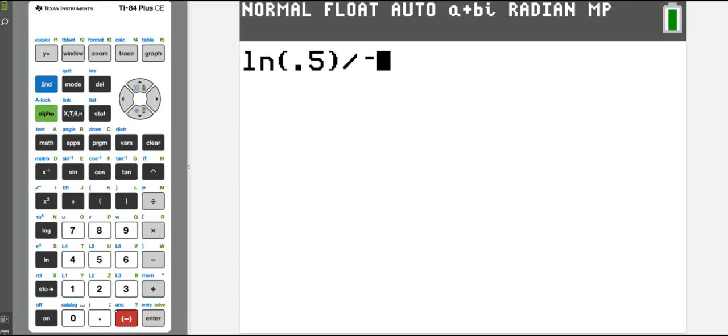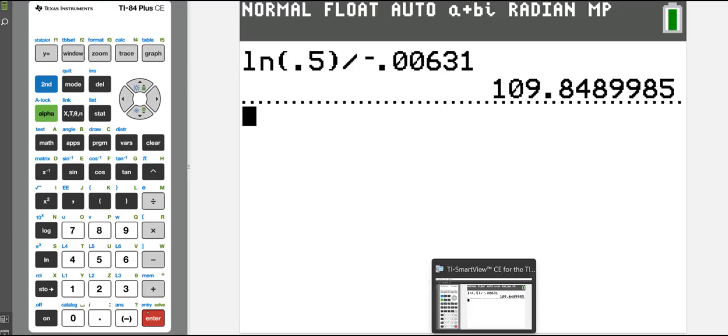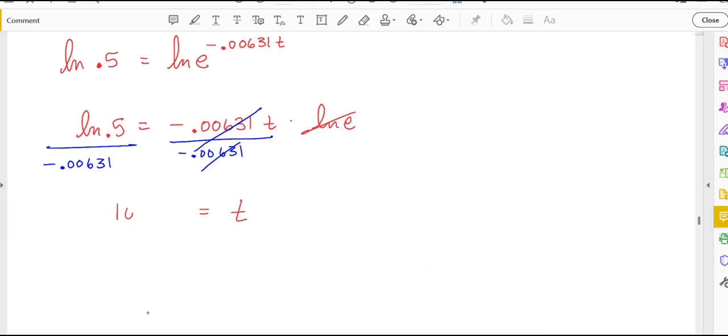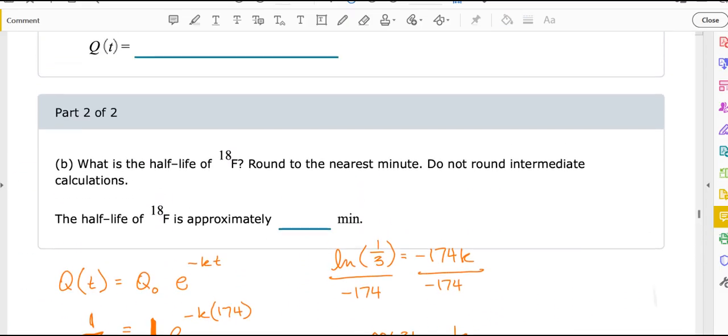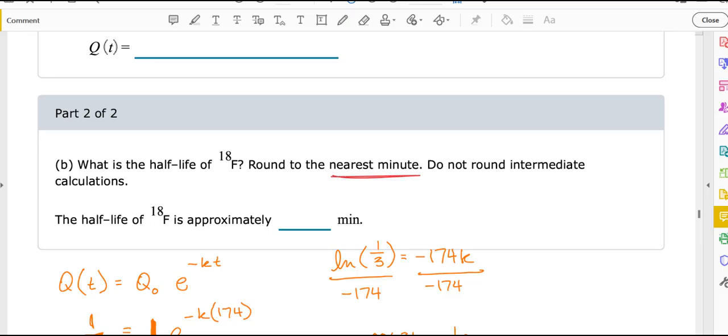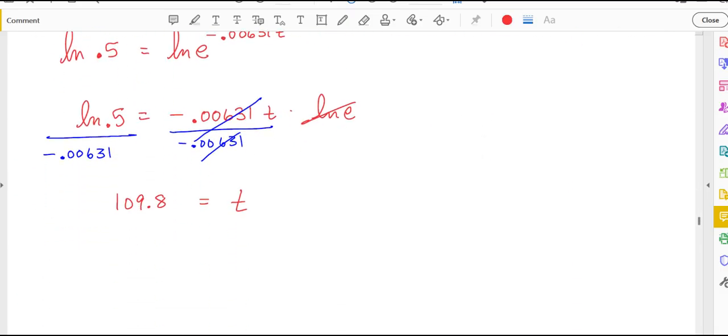I get 109.8. What does it tell you to do for the answer? Round to the nearest minute. So what is that going to be? 110? So there's your answer for part 2.